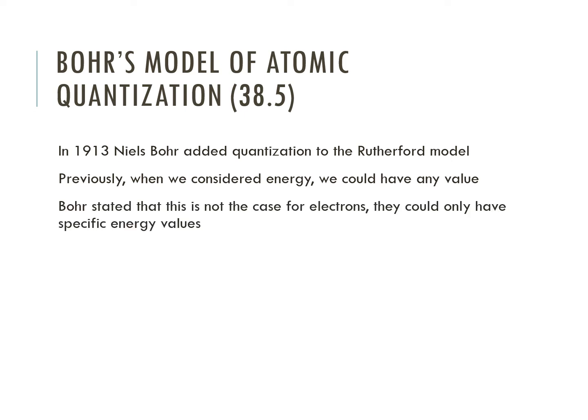Bohr says that's not true for electrons. They only can have very specific energy values. And because we can only have specific energy values, what's happening is when light is hitting our electrons, it's changing the energy value associated with the energy of that particular wavelength. So light is coming in.